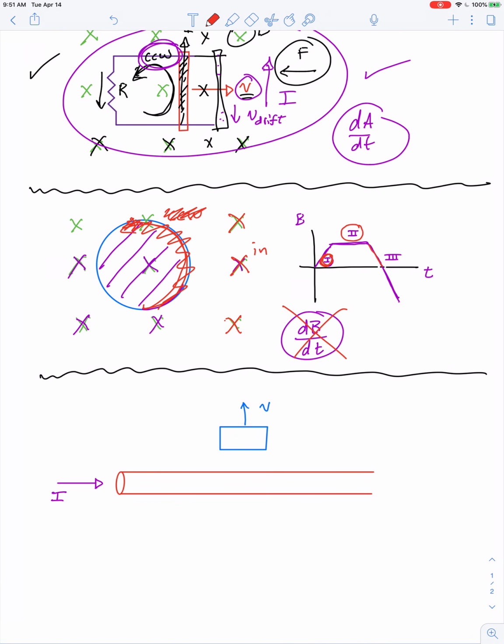So to restore the magnetism into the page, the current would flow in a clockwise direction. So for region 1, counterclockwise. For part 2 of this graph, no current. I equals 0. And then in region 3, clockwise.